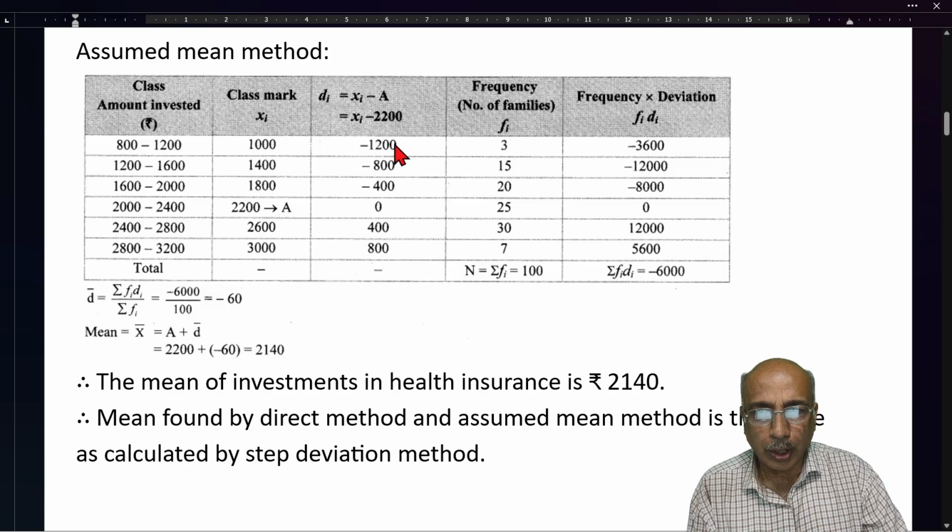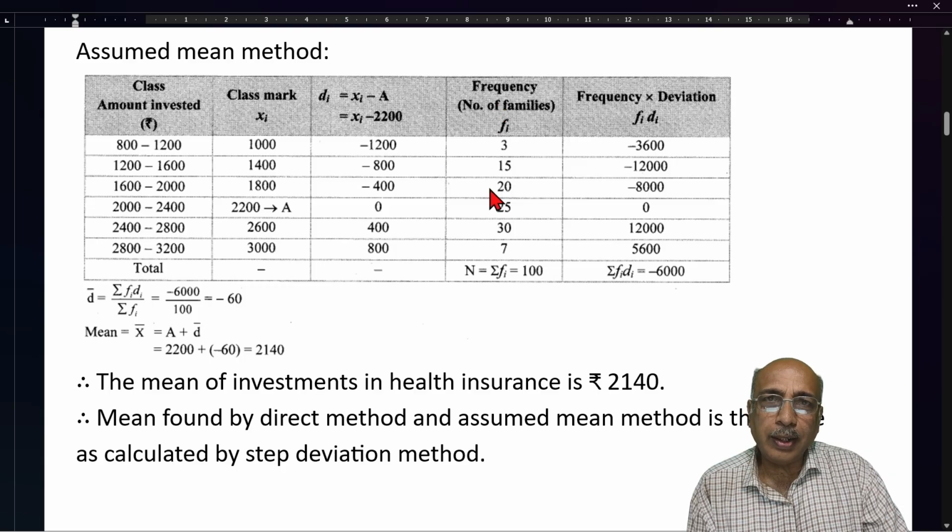So when you go up, these numbers are smaller than this, so they will be negative numbers. Don't worry about that. And when you come down, it will be positive. 2600 is the class mark for this class, minus 2200, it will be 400. For 3000, 3000 minus 2200, you will get 800.